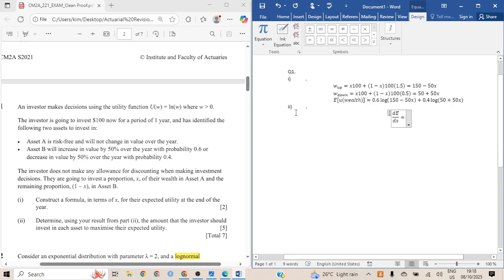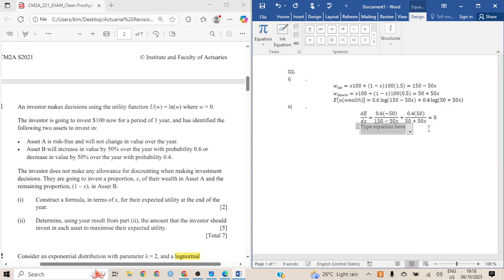So this becomes 0.6 multiplied by minus 50 divided by 150 minus 50x, plus 0.4 multiplied by 50 divided by 50 plus 50x. Then from there we have to equate this to 0.